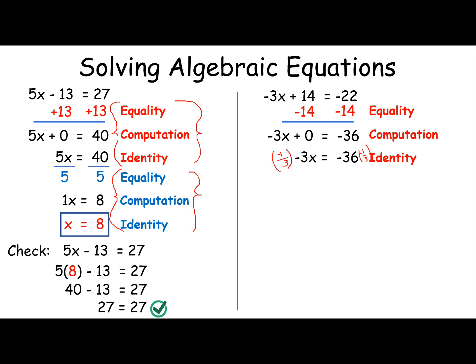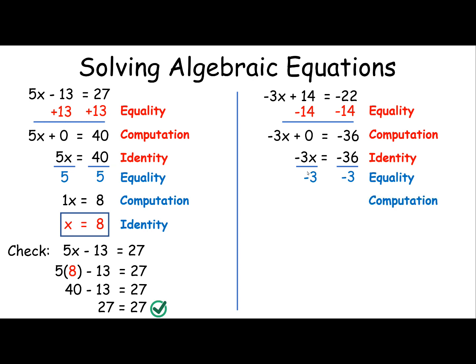-1/3 times -3 is 1x. -36 times -1/3 is 12. If you want to do it that way, that's fine. Your other option is to use the property of equality to divide both sides by -3. Dividing by -3 and multiplying by the reciprocal are the same because -3 divided by -3 gives you 1x. -36 divided by -3 is 12.